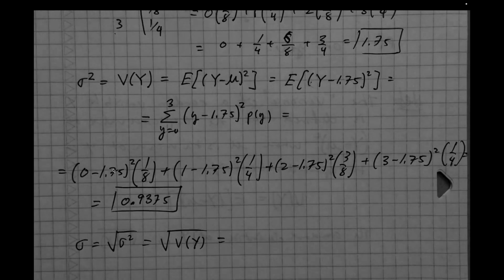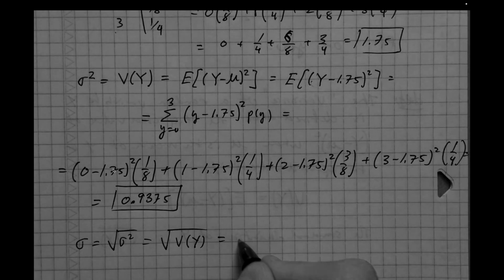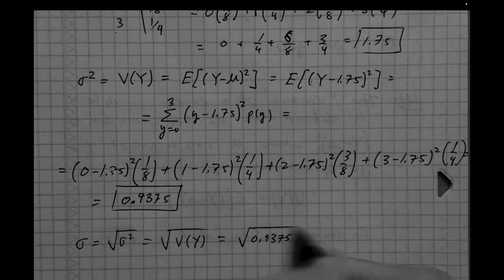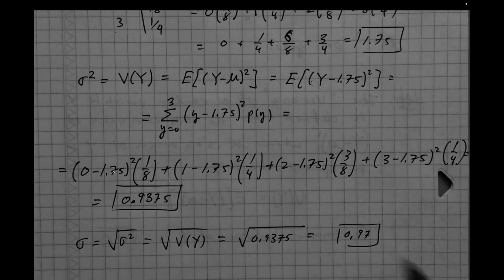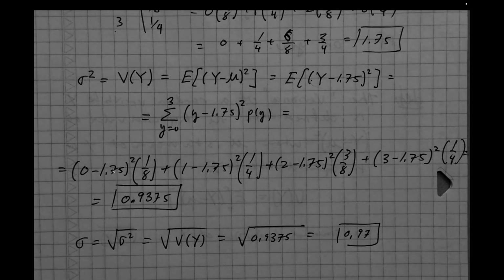All right, it's going through all the notation varieties you can come across here. And so that's just equal to the square root of 0.9375, which we see is 0.97 when we run the numbers. Okay, so that is an example of how to calculate the variance.